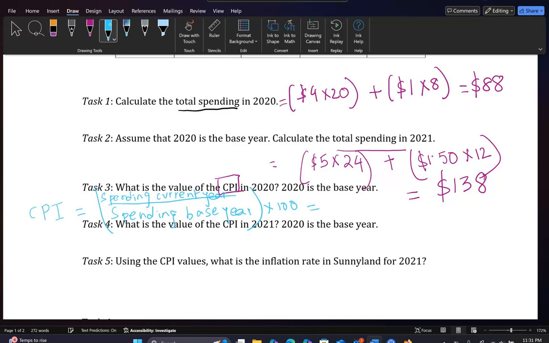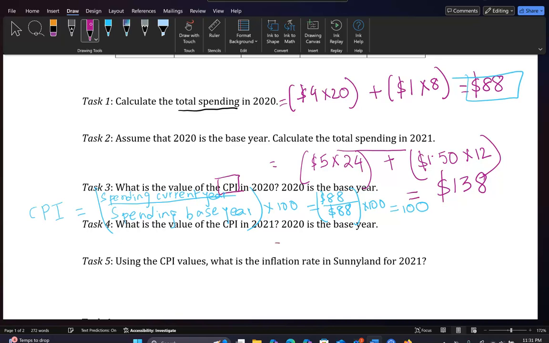If I'm in 2020, my current year is 2020, and the spending in the current year, which is 2020, is 88, and 2020 is also my base year with a total spending of $88. Now, this is what I get, 100. Remember, CPI for the base year has always got to be equal to 100.